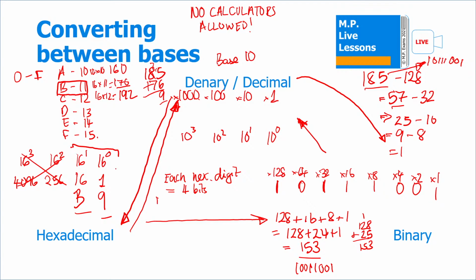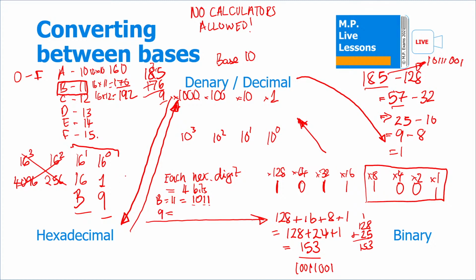So for example, B equals 11. That equals, if we use just this bit of our table to convert, we get 1, 0, 1, 1. Because 8 plus 2 plus 1 is 11. So that's our first bit.